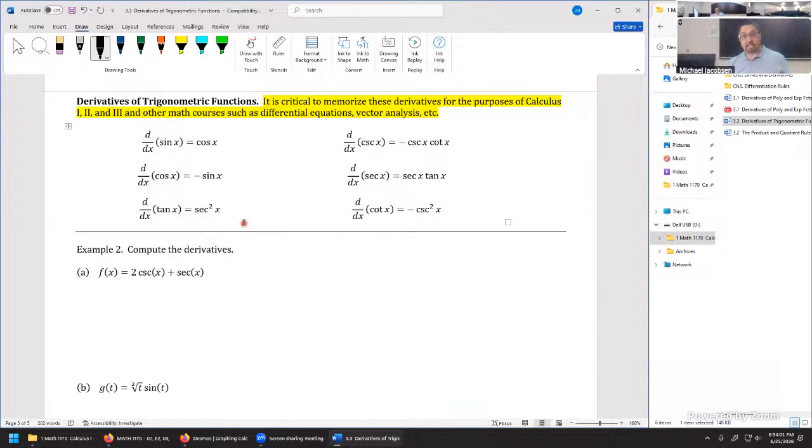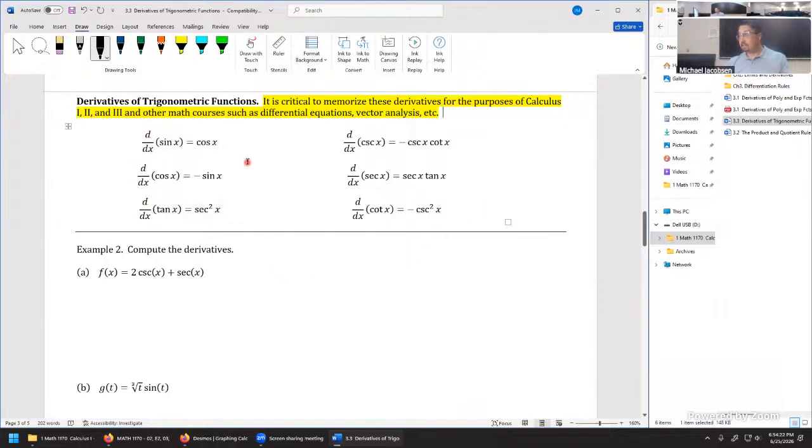They're not necessarily going to give you this information in an exam situation. These are things that are used so routinely that in a differential equations class, an engineering course, a chemistry course, any course that uses calculus, and Calculus 1 was a prerequisite, this is something that's assumed to just be known.